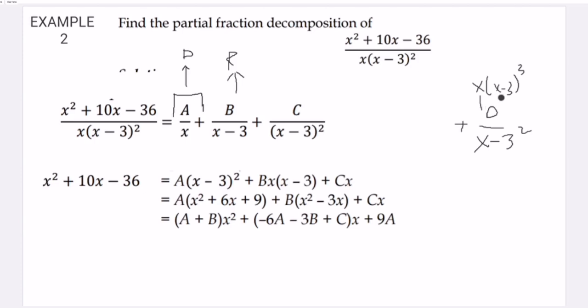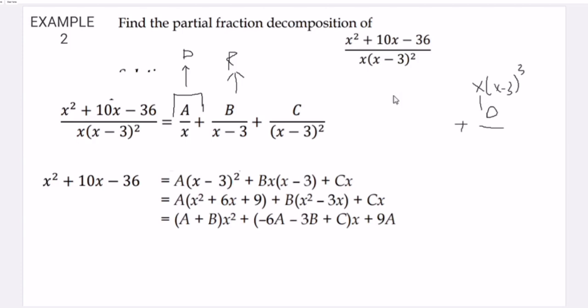Again, if our example is x over x minus 3 raised to 3, then A over x plus B over x minus 3 plus C over x minus 3 squared plus D over x minus 3 cubed. That is how you apply the concept of repeated linear factors.